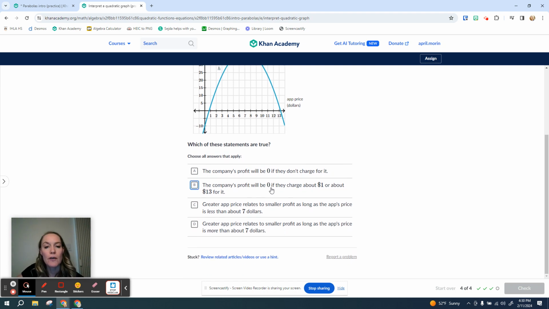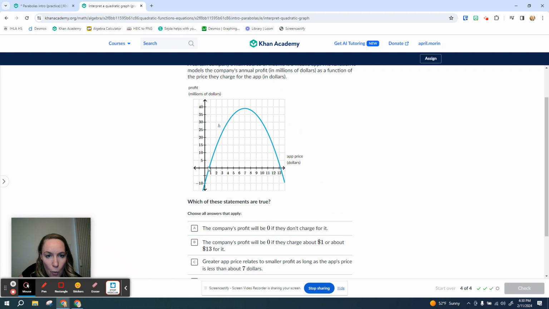The company's profit will be 0 if they charge about $1 or about $13 for it. Okay, so about $1, then the company's profit is going to be 0. And also if they charge about 13, so that one's right? I know that's not exactly 1 and not exactly 13, but it does say about 1 or about 13.